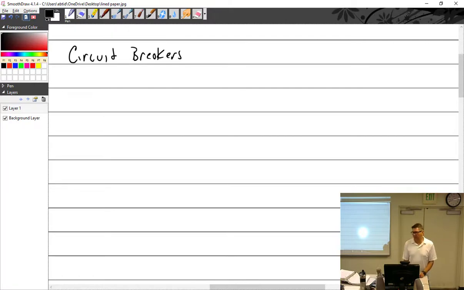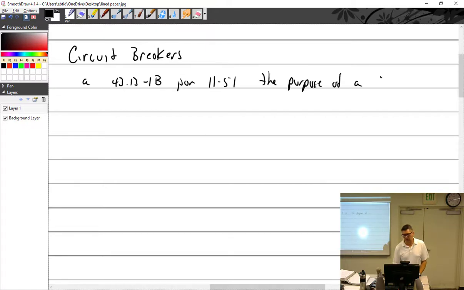All right, you've got to select the right circuit breaker now for the wire, because the circuit breaker protects what? Wire. So let's see. I've got 43.13-1B, paragraph 11-51 says the purpose of a circuit breaker or fuse is to protect the wire.